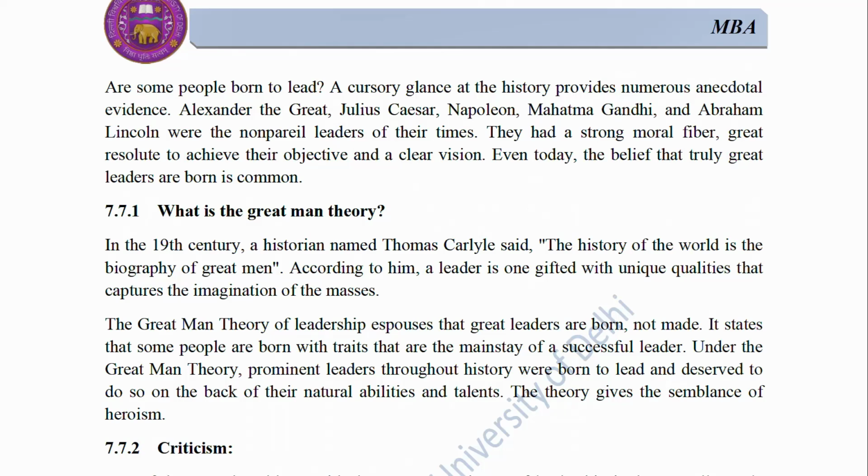It states that some people are born with traits that are the mainstay of a successful leader. Under the great man theory, prominent leaders throughout history were born to lead and deserved to do so on the back of their natural abilities and talents. The theory gives the semblance of heroism.